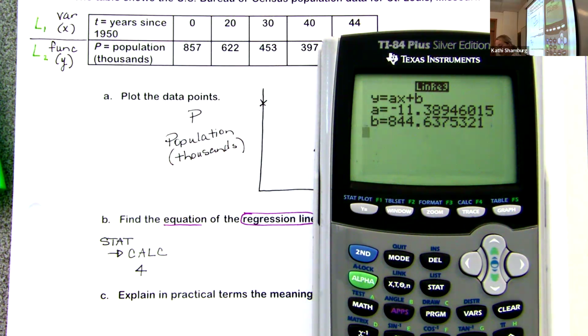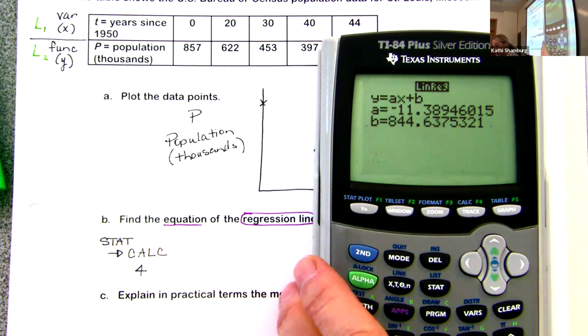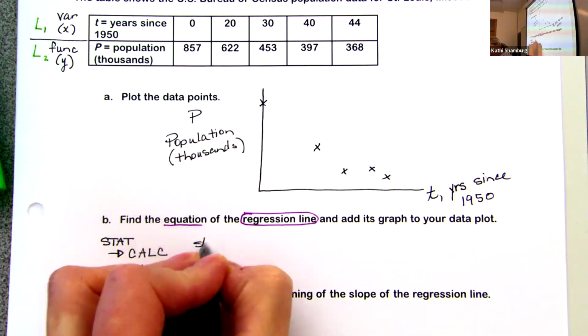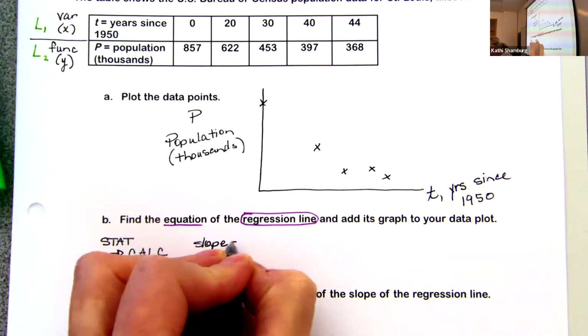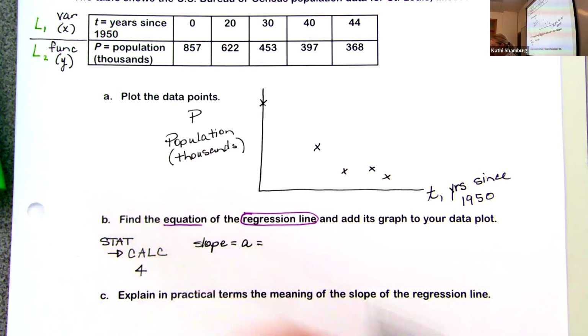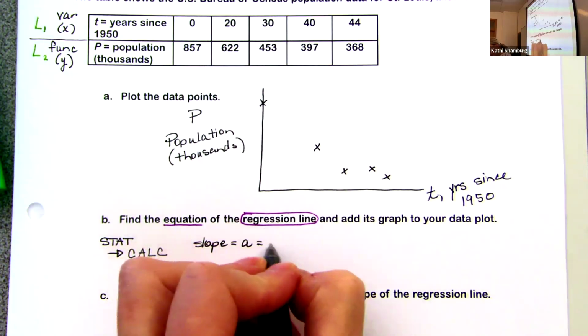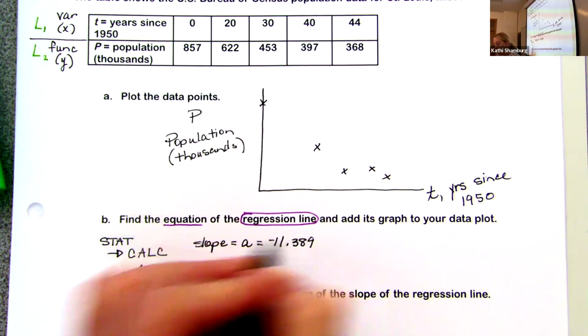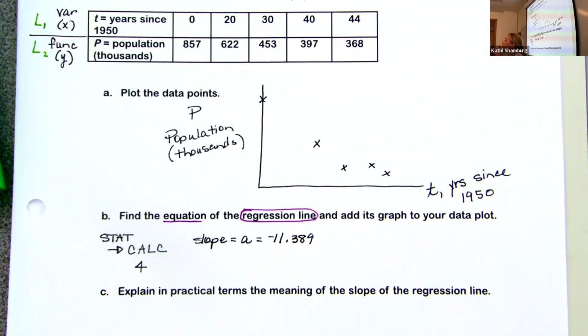And then what you need to remember then is that A is your slope. And since I don't see that it says anywhere how far to go, I'm going to go 3 decimal places. Negative 11.389.